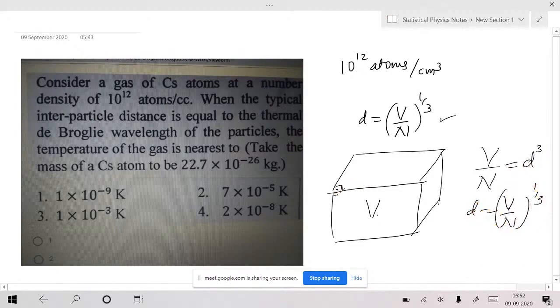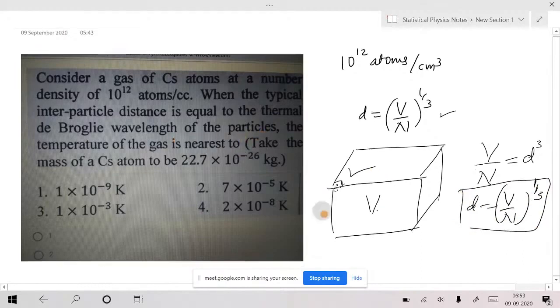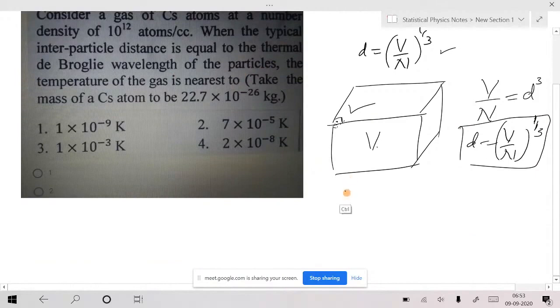Now look here, this is what you have to remember. I think I have argued this one. Am I right? Now that is equal to the thermal de Broglie wavelength. Lambda is equal to h by p, h by root of 2m into average kinetic energy.